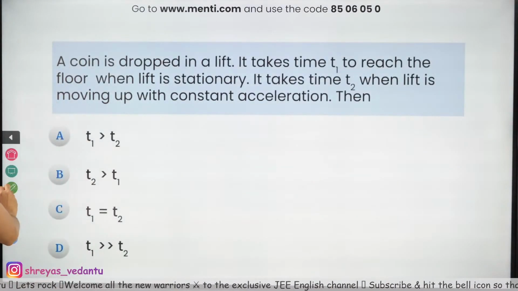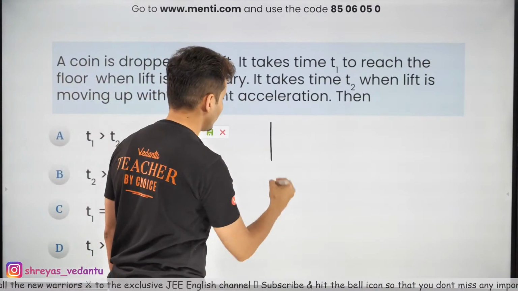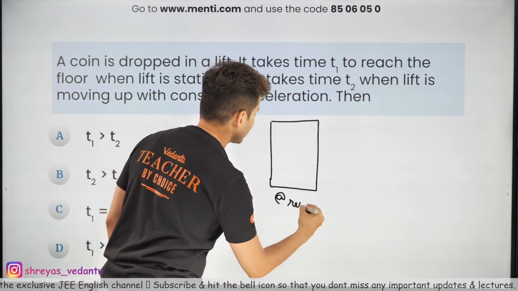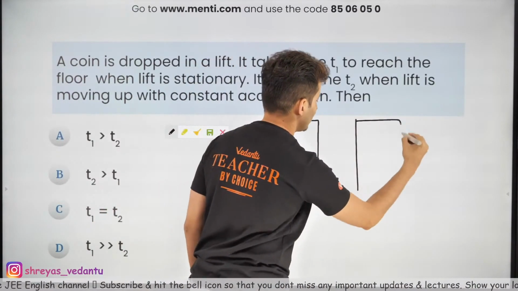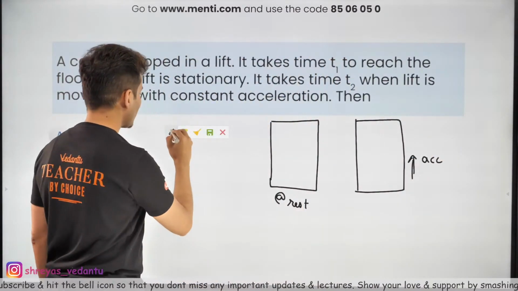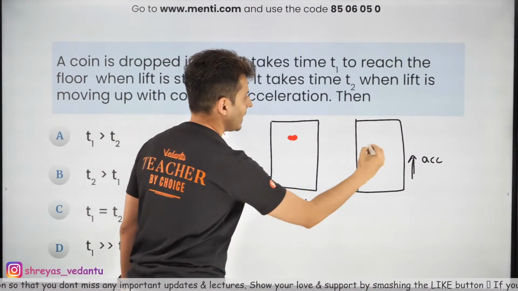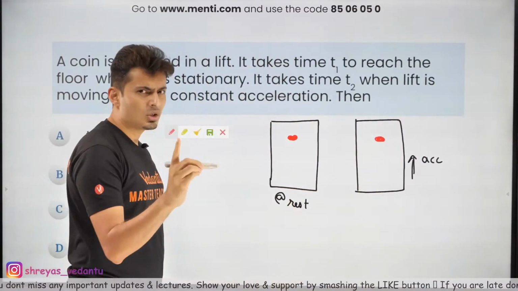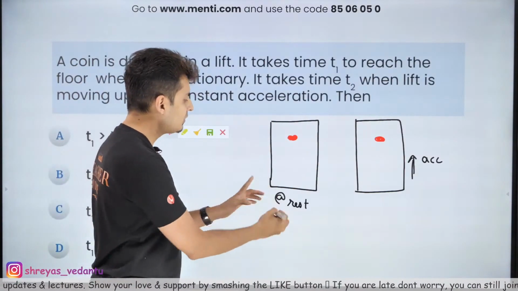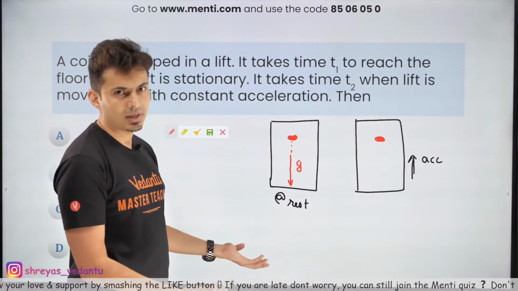Now why is the answer as it is? See guys, in the first situation, the lift is at rest. In the second situation, the lift is accelerating upwards. In which situation will the perceived acceleration be more? Well, if you are at rest, it will fall down with the g acceleration. Very obvious.